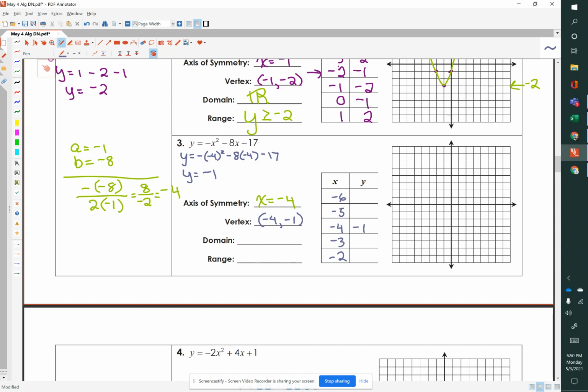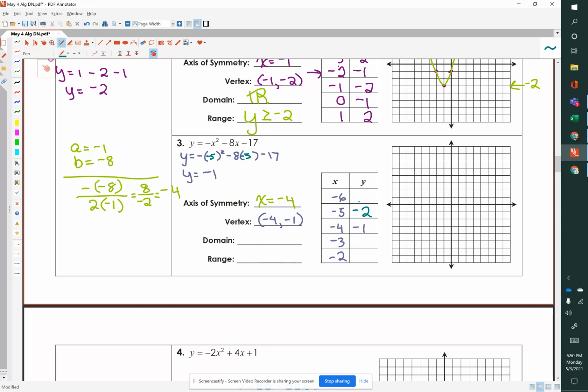When we insert negative 5, we're here where negative 4 is. When we insert negative 5 and we evaluate that quadratic, y equals negative 2.